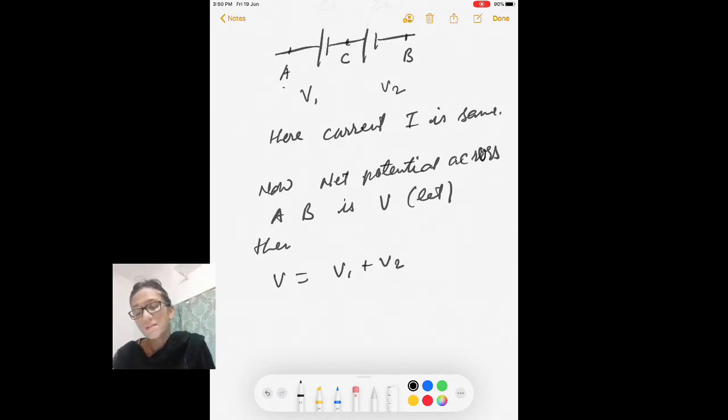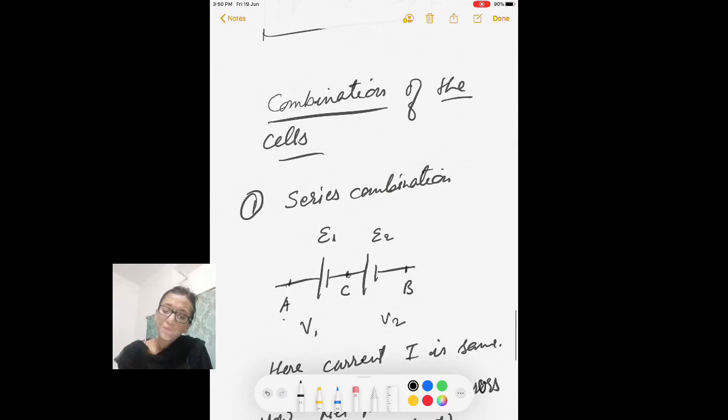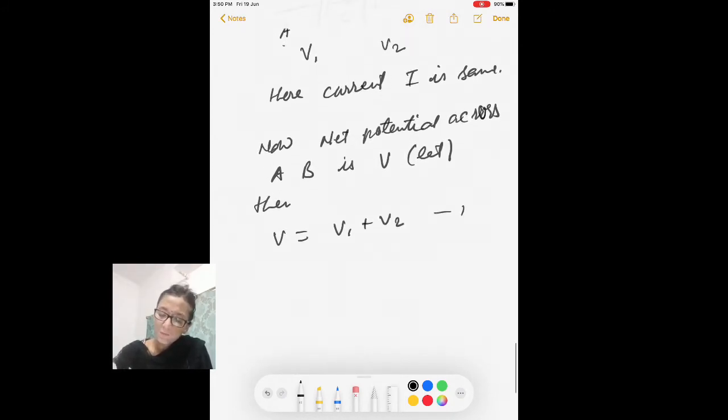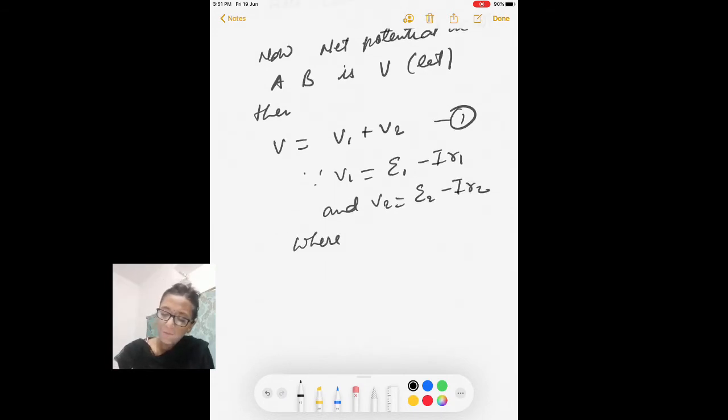V is the net potential difference across AC plus the potential difference across CB. And we know that V1 is equal to E1 minus IR1 and V2 is equal to E2 minus IR2, where R1 and R2 are the internal resistances.